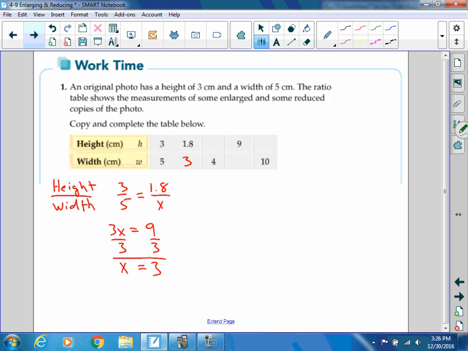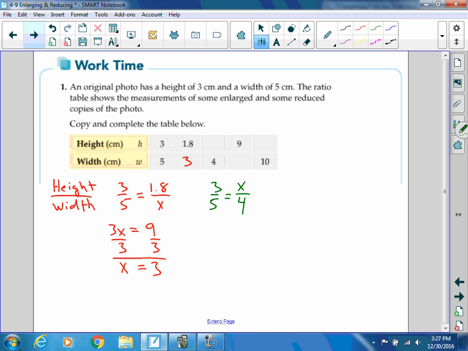All right, the next one here. This time we know the width, but we don't know the height. So same thing, I've got my height on top, my width on the bottom. So I'm going to use my 3 over 5 again. But now this time, I'm given the width, so I have to make sure I put that 4 on the bottom one here. And my unknown is the height, which is on top.